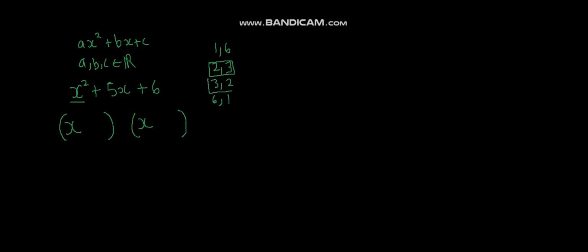We can pick this. We will see why, out of these combinations of multiples of 6, what 2 numbers multiplied would give you 6, we would pick these 2. So let's go with 2 and 3. Positive 2 and 3, meaning 2 multiplied by 3 would give us 6, and x multiplied by x would give us x squared.